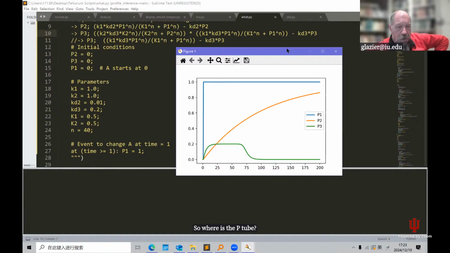Capital K2 is 0.5, K3 to the N. And what do we have as the value for K2? 1. So that actually looks okay.